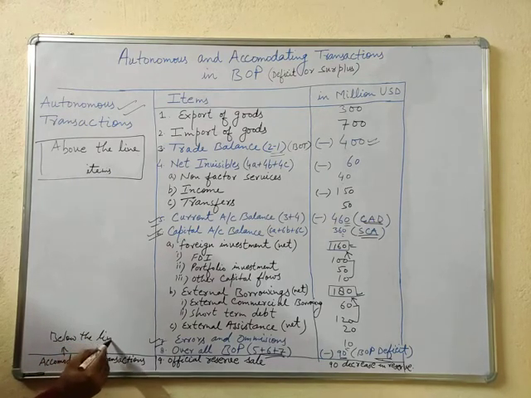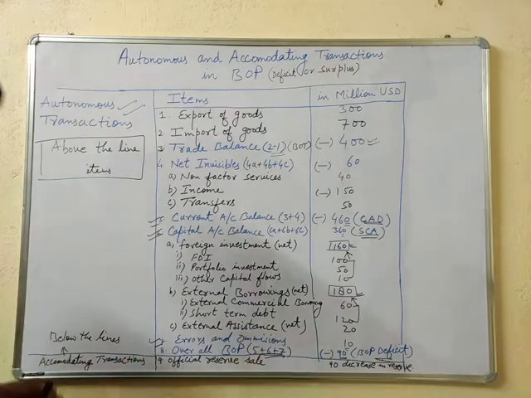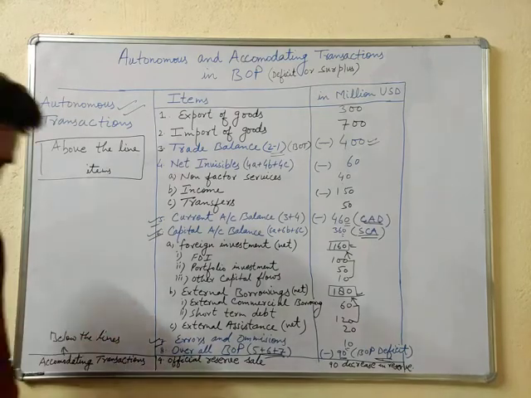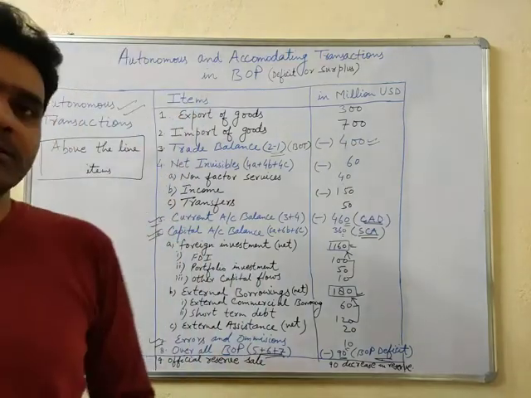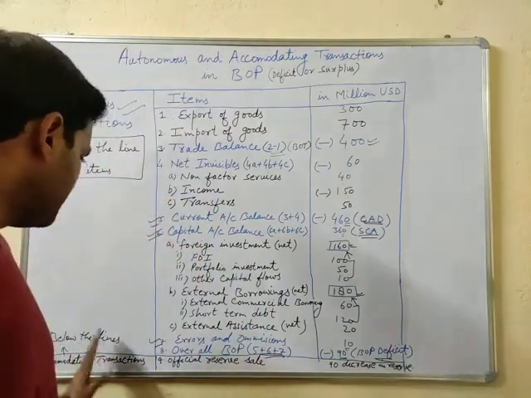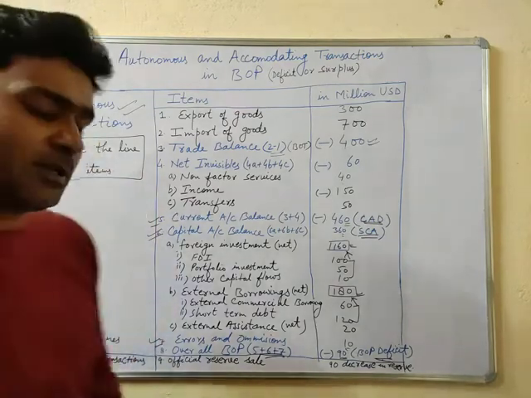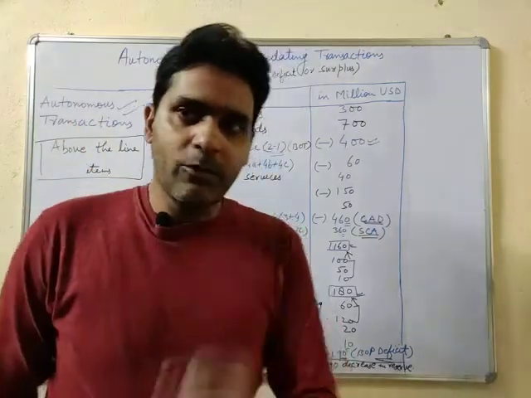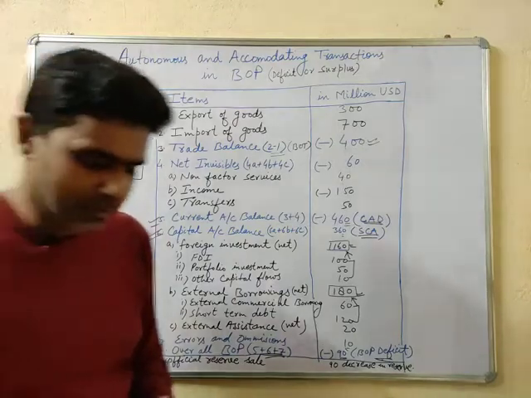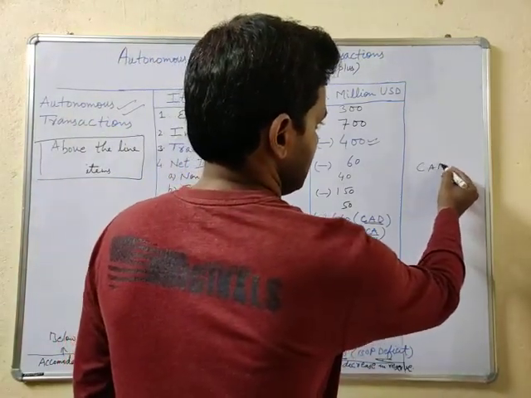As I have put a line over here, we can understand that after the overall balance of BOP, the transactions which are carried out for keeping the BOP in balance are termed accommodating transactions, and these are also called below the line items or below the line transactions, and autonomous transactions are also known as above the line transactions.